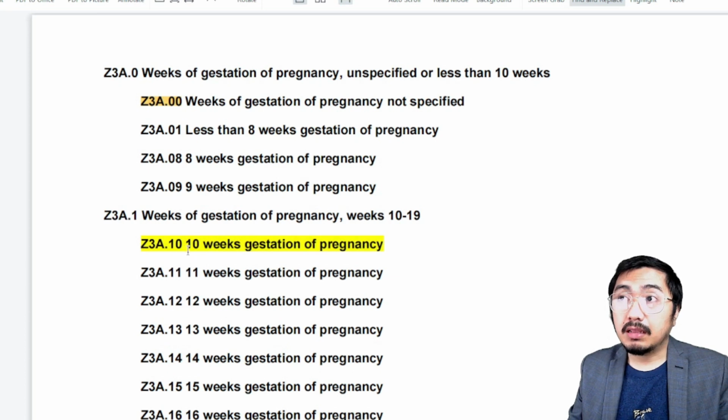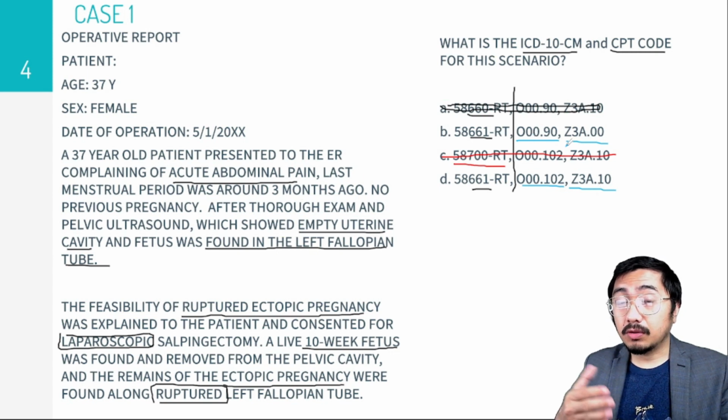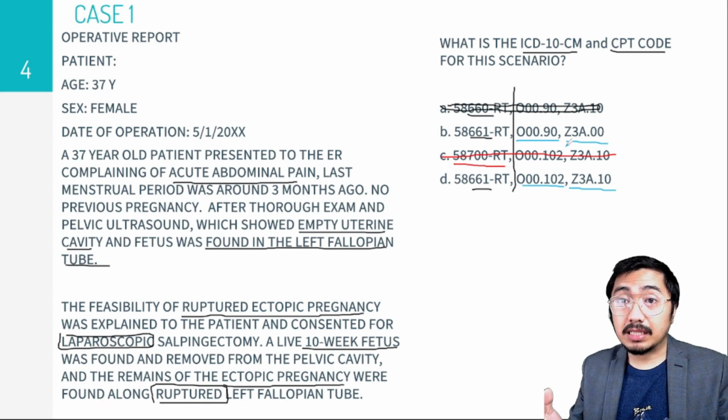So again, in some ICD-10 questions about pregnancy, you can go and find your Z3A codes. Sometimes you can eliminate a lot of choices by just checking your Z3A code, which indicates the number of weeks of gestation. And don't forget, O code should be your priority because it always takes precedence over other codes in the ICD-10-CM guidelines.